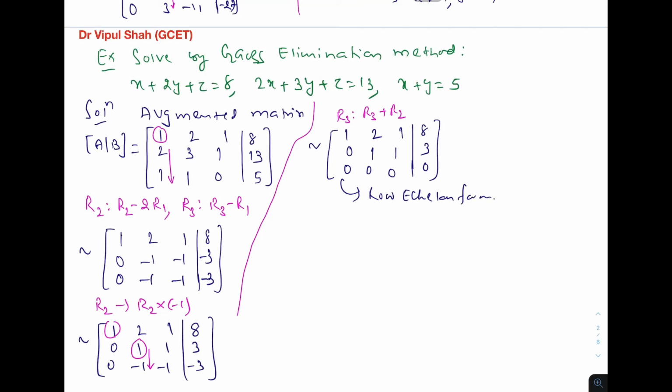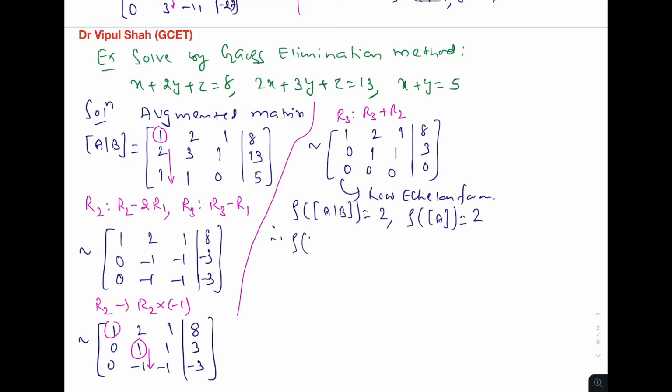Now see, we observe that rank of AB equal to what? Rank of AB is the number of non-zero rows. This is a non-zero row, this one is also a non-zero row, so that is 2. And rank of A, just hide this, don't consider this last column, and then find the rank, so that is again 2, because the last row is 0.